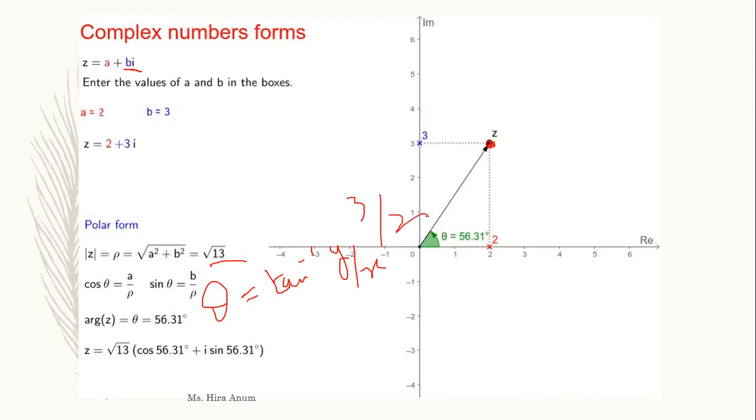Find the value of tan inverse 3 over 2, which is equal to 56.31. So z equals radical 13 cos 56.31 plus iota sin 56.31.